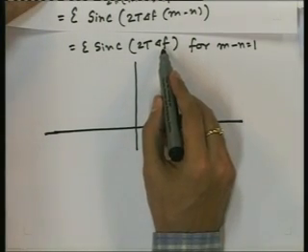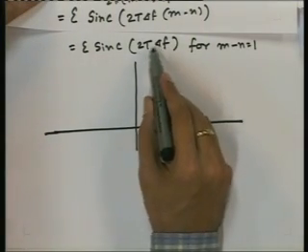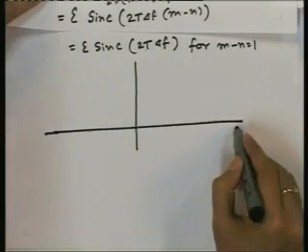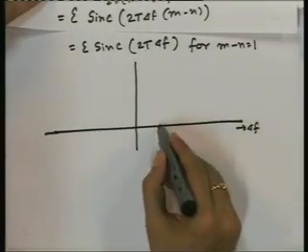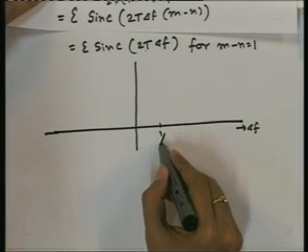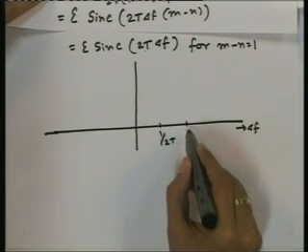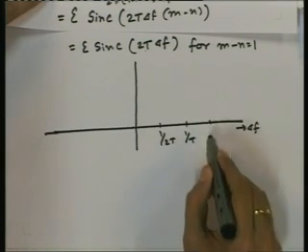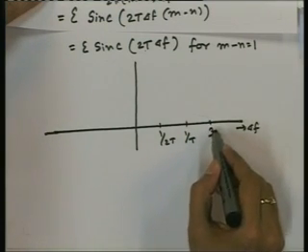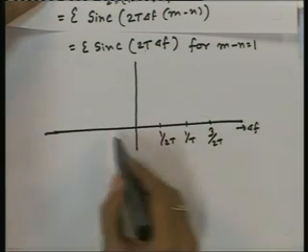It is 2T times delta f, a function of delta f we are plotting, and because it is 2T, it will be 0 at 1 by 2T, again at 2 times this, so 1 by T, then 3 by 2T, and so on.